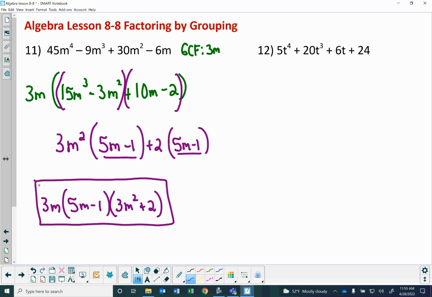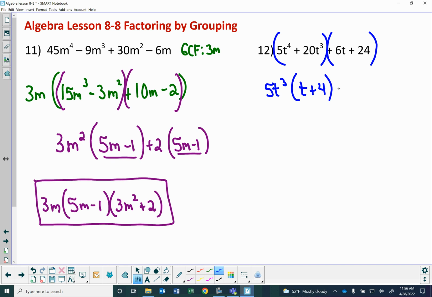Number 12, 5t to the fourth plus 20t to the third plus 6t plus 24. There's no greatest common factor in this one. So I will factor first two, last two, because it is 4 terms. Well, the greatest common factor of the first 2 terms looks like 5t to the third. 5t to the fourth divided by 5t to the third leaves me with t. 20t to the third divided by 5t to the third leaves me with 4.